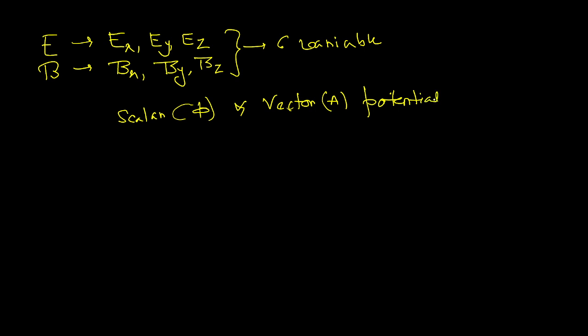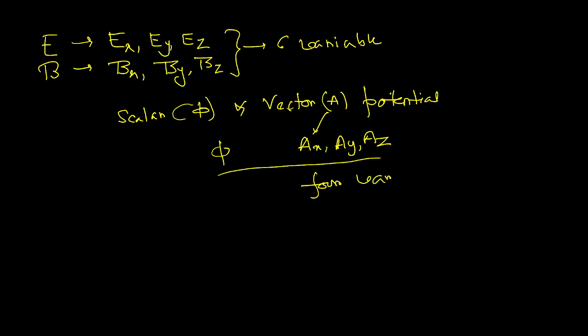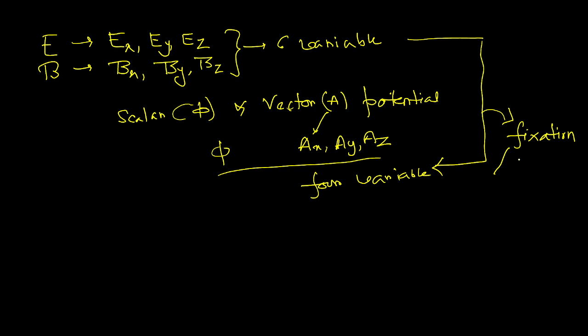The vector has Ax, Ay and Az, three components, and there is phi also, so in total it will be 4. Going from 6 to 4 there are infinite possibilities, so something needs fixing. In electrodynamics it is called gauge fixation.